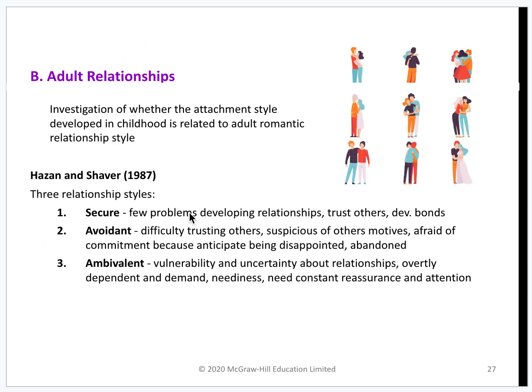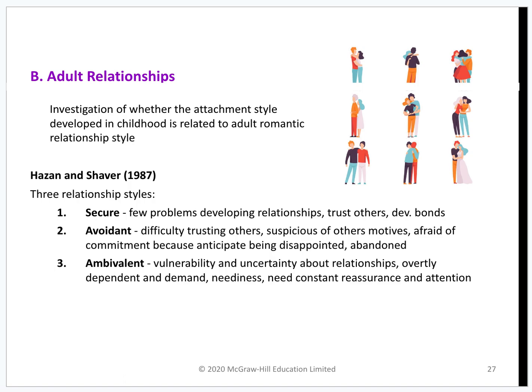There we go. So the next section is adult relationships. Investigate whether attachment style developed in childhood is related to adult romantic relationships. So Hazen and Shaver, very similar. Okay, so the 3 relationship styles. If you had a secure relationship when you were an infant, when you're an adult, you tend to have fewer problems developing relationships. You trust others and you can develop bonds easily, or easier.